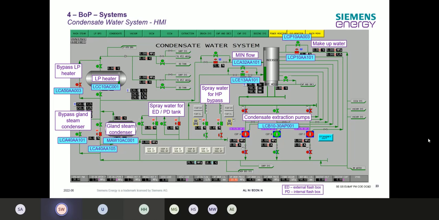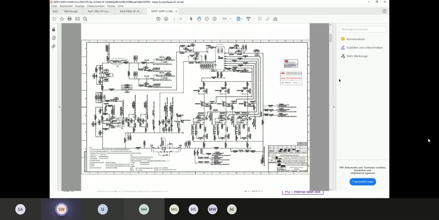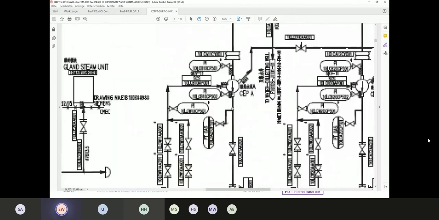Let me check if I find a value, if there is something written in the P&ID. So when we check over here, that's the P&ID.